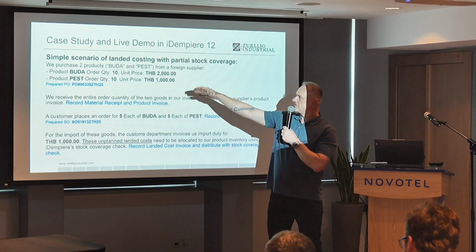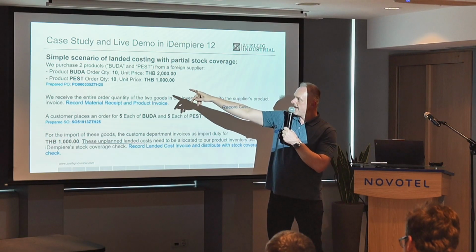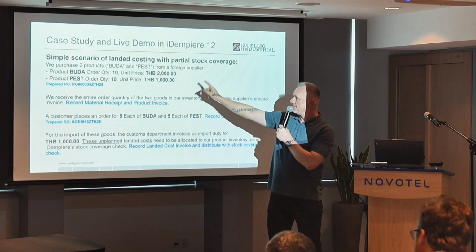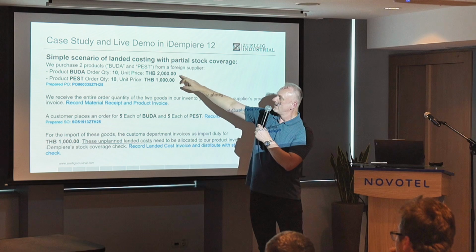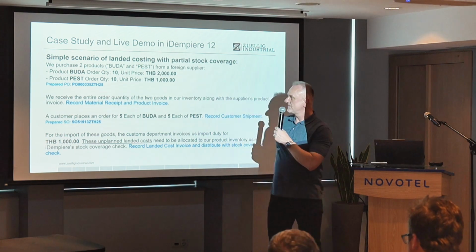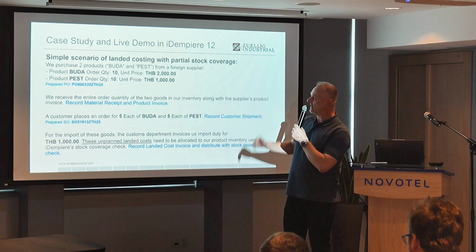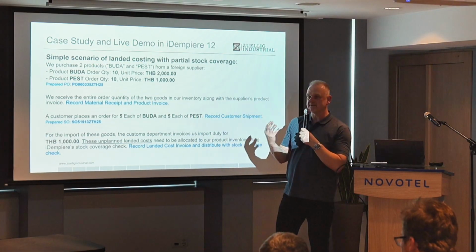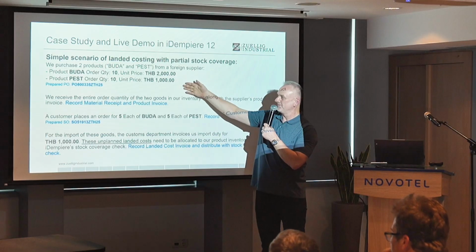And just to make it easier to remember, we order a quantity of 10 each, but they have a different price. So one has a price of 2,000, the other one has a price of 1,000. So there is a difference in the weight, the amount of weight of these 2.